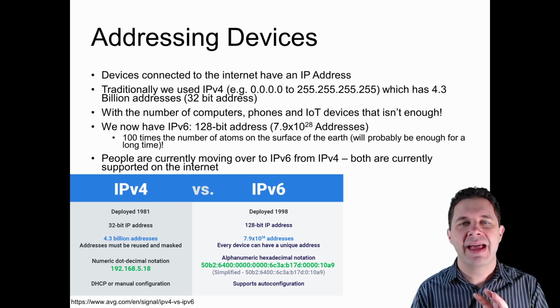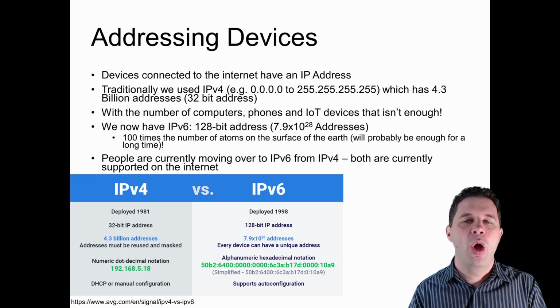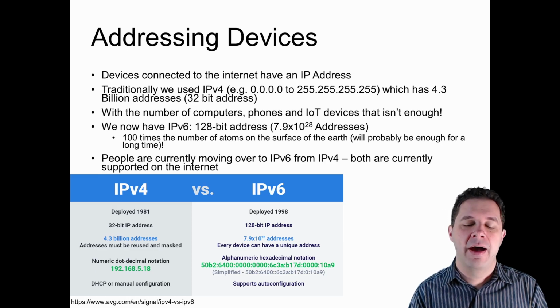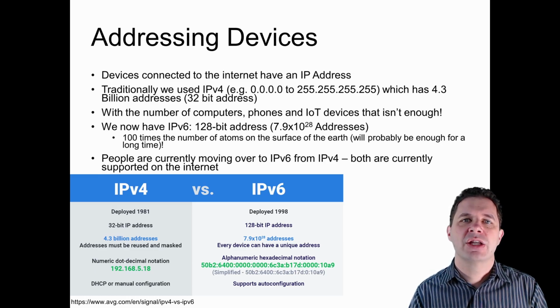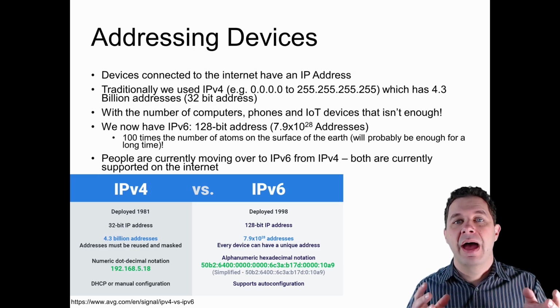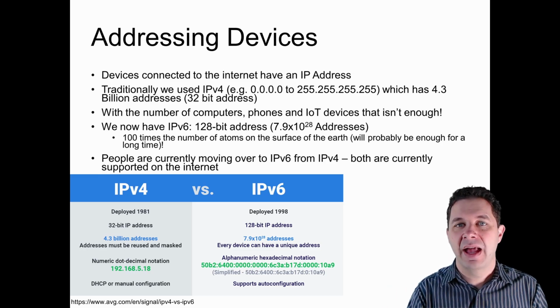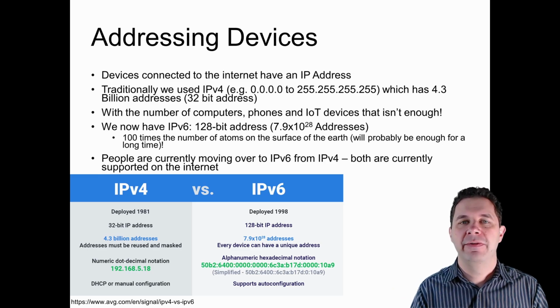In fact, 100 times the number of atoms in the Earth is the number of addresses that we have for IPv6, so we probably won't be running out of addresses anytime soon. Having said that, the internet currently supports IPv4 and v6, and so there's been a gradual changeover from IPv4 services to IPv6 services over time.